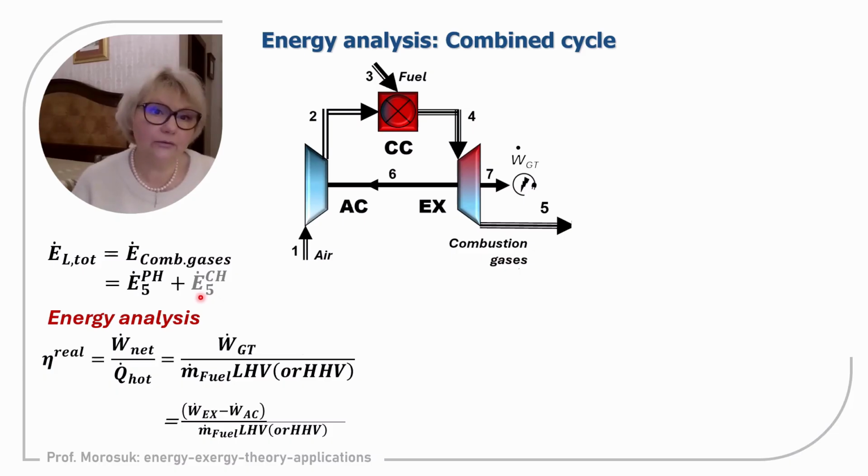And definitely we need to develop an idea of how to reduce losses, so how to decrease physical exergy at stream 5. Within the open gas turbine system it's difficult to do, but we can use this heat, or better to say physical exergy, for another energy conversion system.